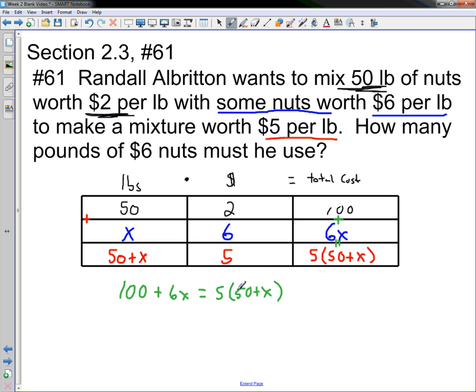And again, we're solving. So go ahead and distribute. And we have 100 plus 6x equals 250 plus 5x.